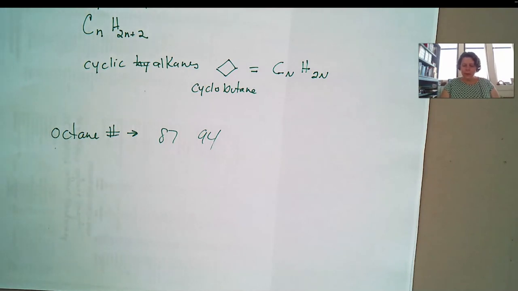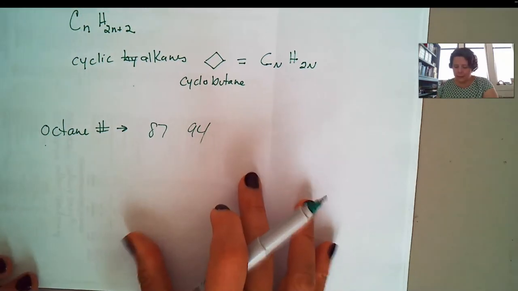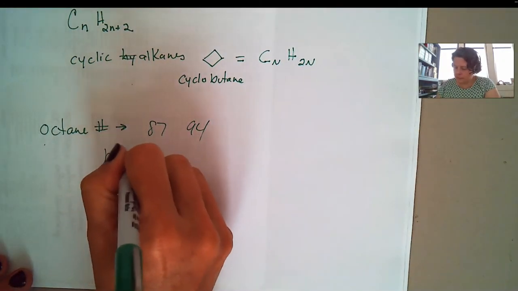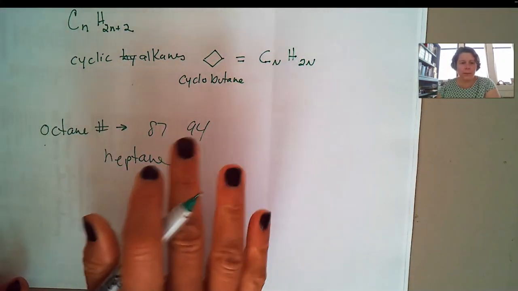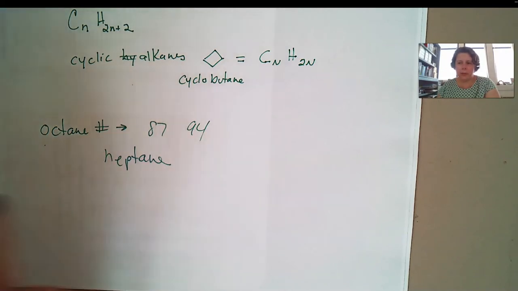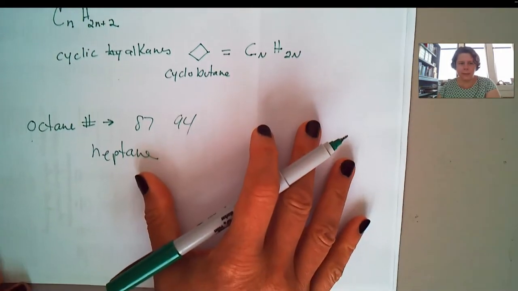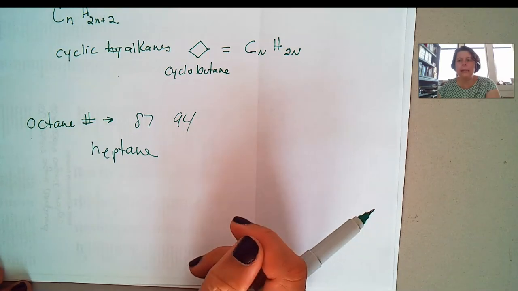If you just put normal alkanes into your engine, you might get premature ignition. Say you put in straight heptane, a straight chain of heptane.